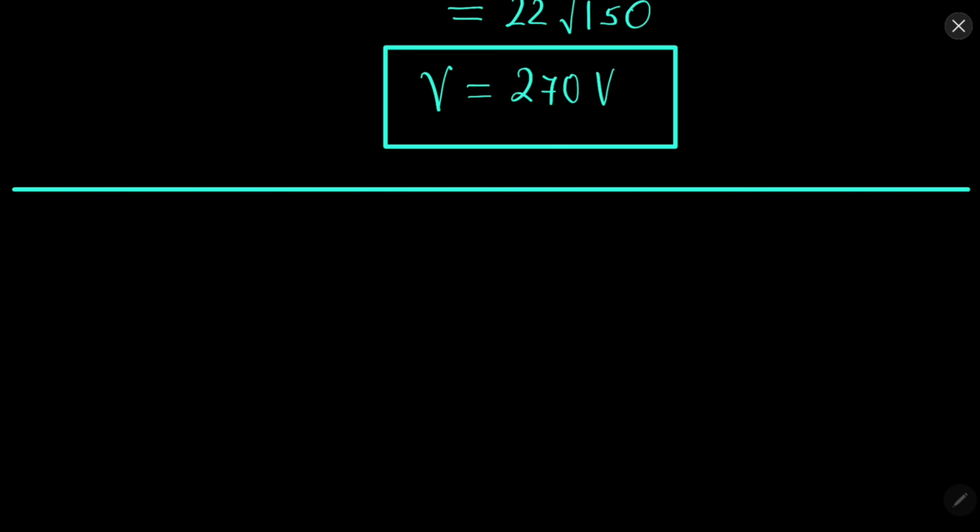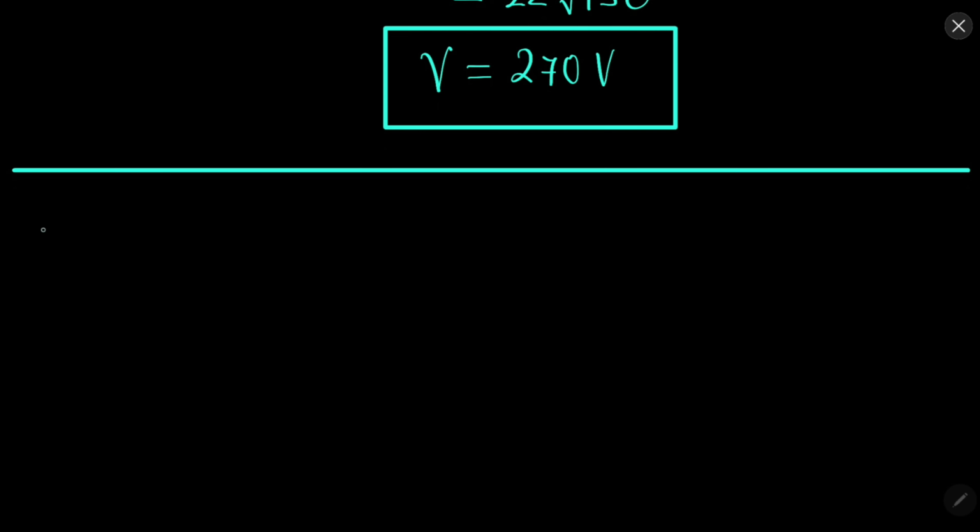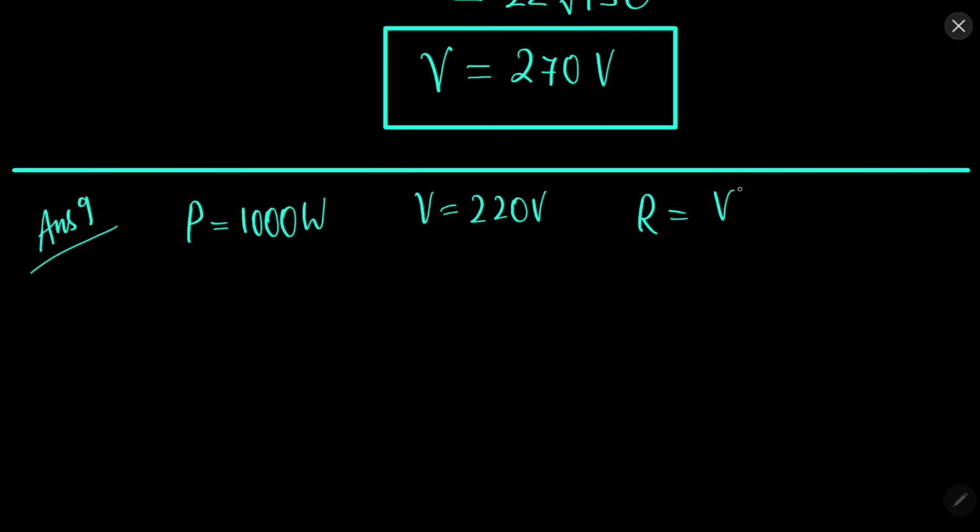So this is the ninth one. So power is 1000 watt, voltage 220 volt, resistance can be easily found out, come out to be 48.4 ohms.